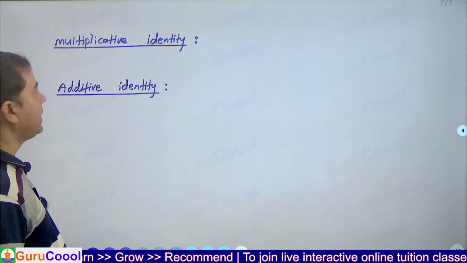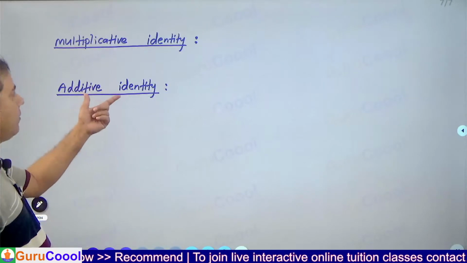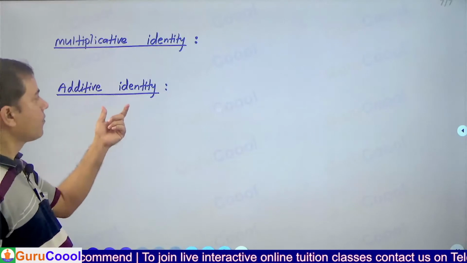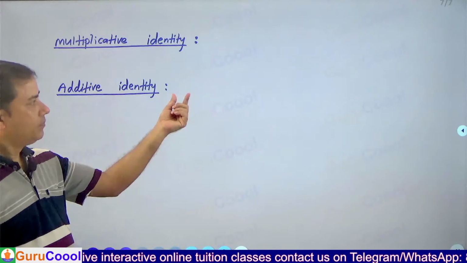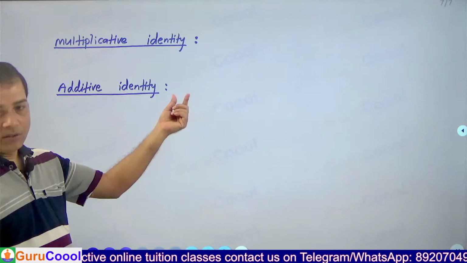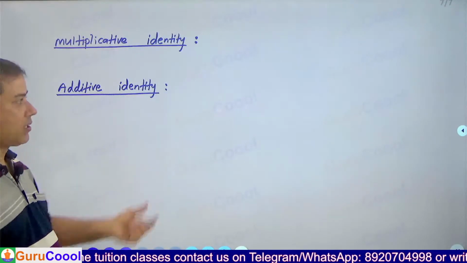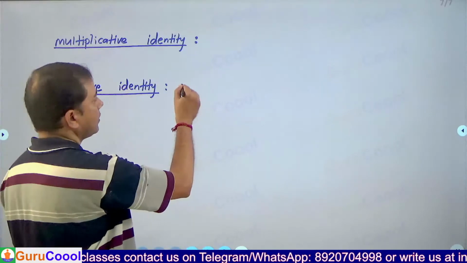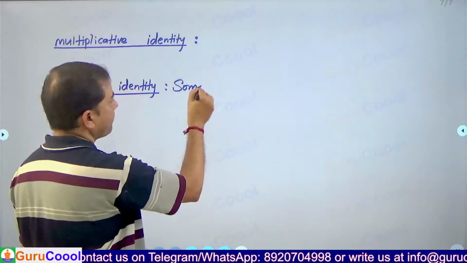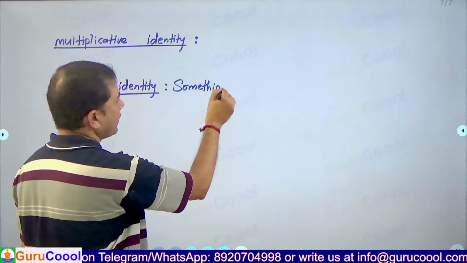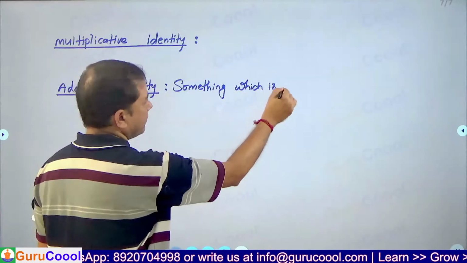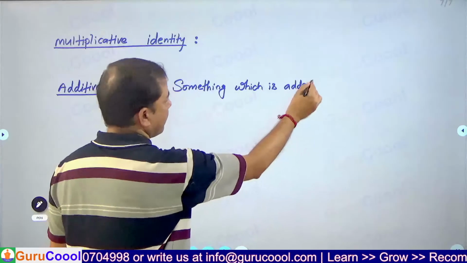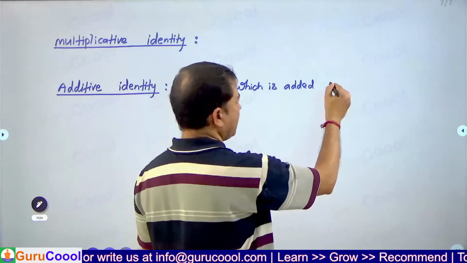See, what is the idea? Additive identity says something which is added to make no difference.